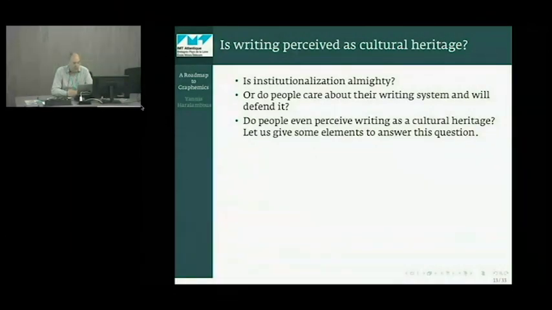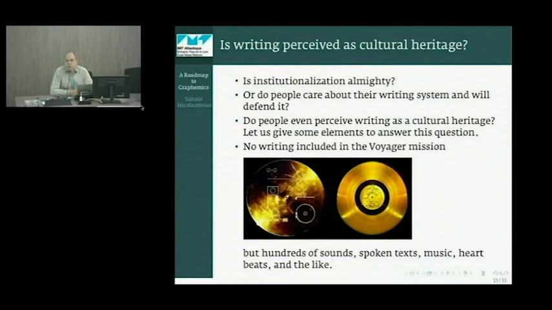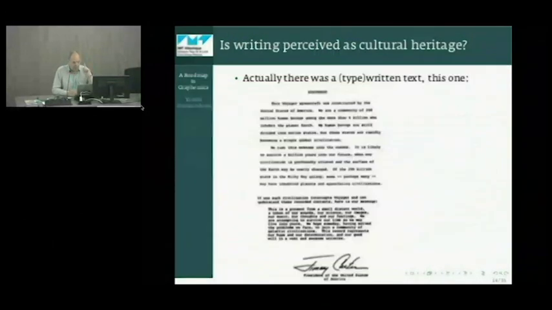So I have two elements of answer. The first one is the Voyager mission, which is supposed to represent human heritage. Well, believe it or not, there is no written text. There are hundreds of sounds, images, but no text. There is a 1 hour record of heartbeats of the wife of Carl Sagan, but no text, except for this small text written by Jimmy Carter, who insisted, and being President of the United States, he came through with this, and it's typewritten.